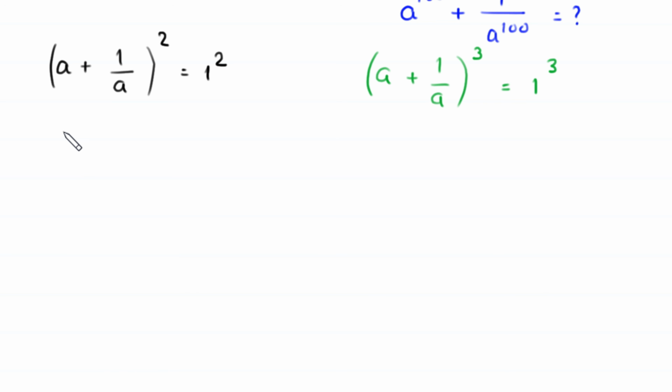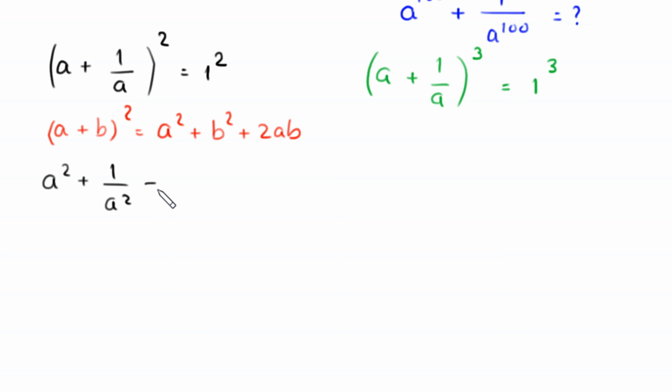By using this algebraic identity, a plus b whole squared equal to a squared plus b squared plus 2ab, this left hand side will become a squared plus 1 over a squared plus 2 equal to 1 squared is 1. Subtract 2 from both sides. So this cancelled out and we are left with a squared plus 1 over a squared equal to 1 minus 2, negative 1.